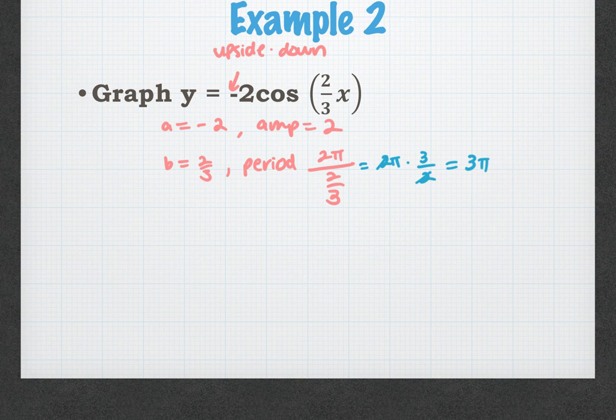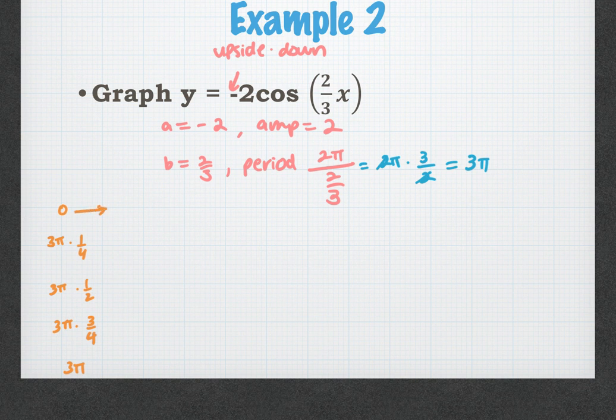So then my first key point is 0. Then it's 3 pi times 1/4, 3 pi times 1/2, 3 pi times 3/4, and the last one would be 3 pi.